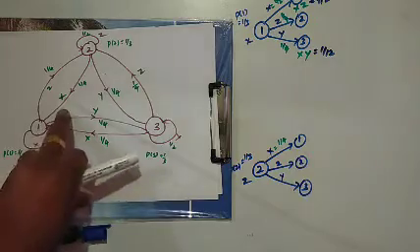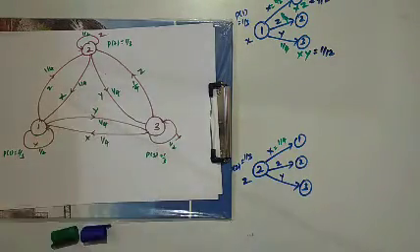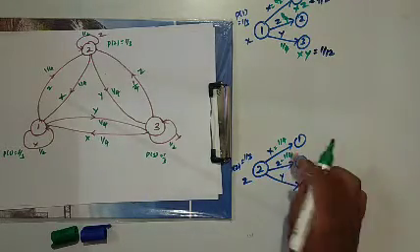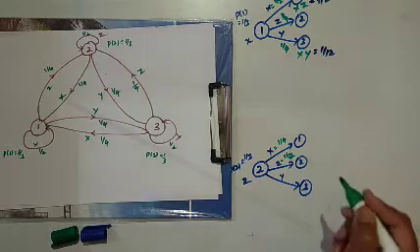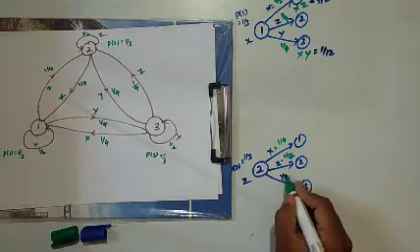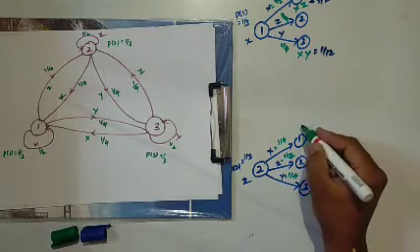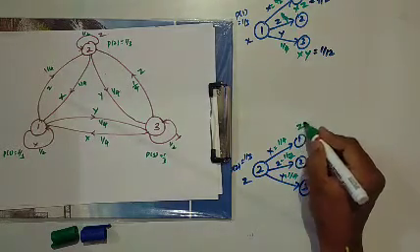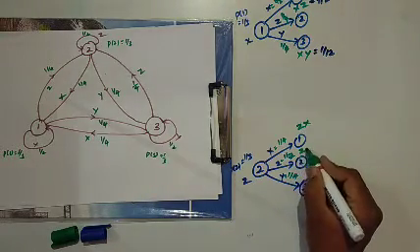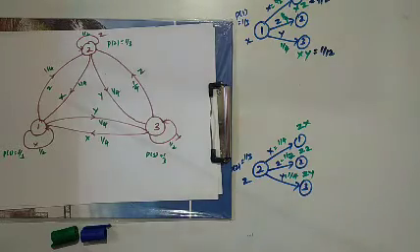Look into the given diagram. 2 to 1 is x with the value 1 by 4. 2 to 2 is z with the value 1 by 2. 2 to 3 is y with the value 1 by 4. So at the end of this first transition, I get zx, zz, and zy.